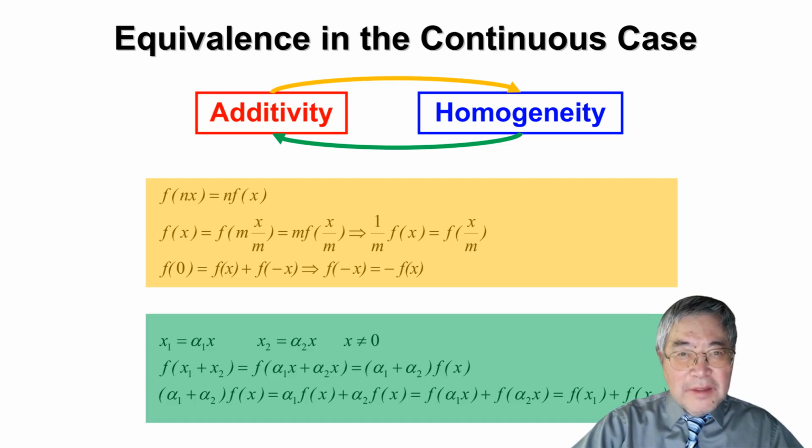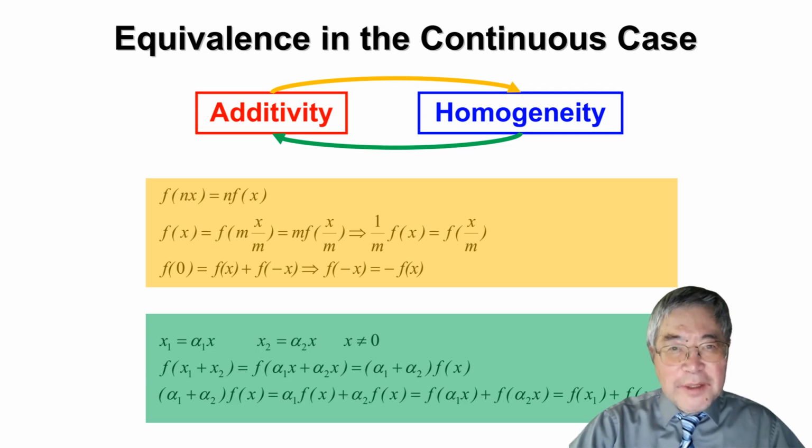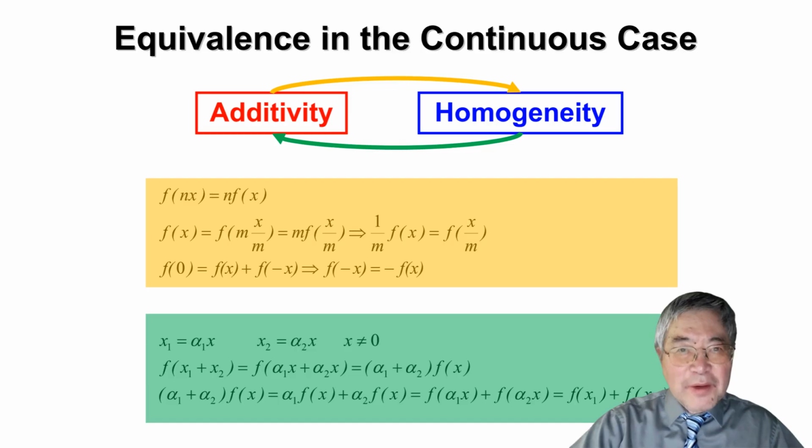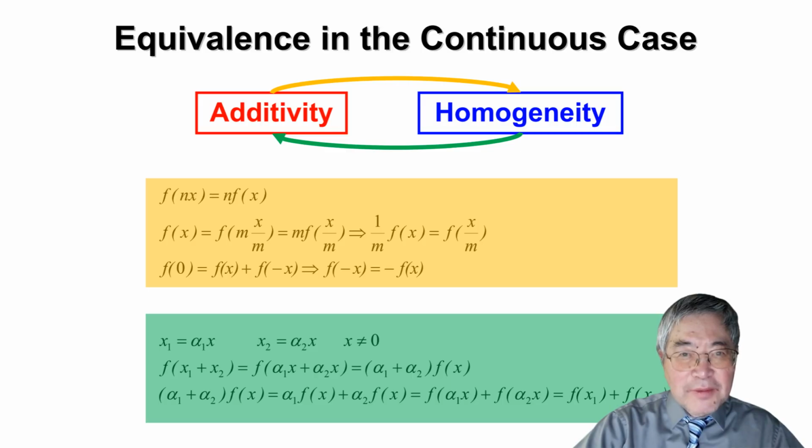Then in the green box, we see how additivity emerges from homogeneity. We define two inputs, x1 equals alpha 1 times x, and x2 equals alpha 2 times x, where x is not equal to 0. If we apply homogeneity, f of x1 plus x2 equals f of alpha 1 times x plus alpha 2 times x, which equals alpha 1 plus alpha 2 times f of x.